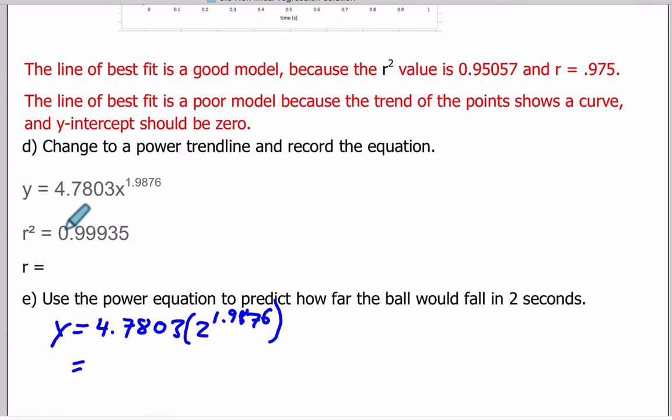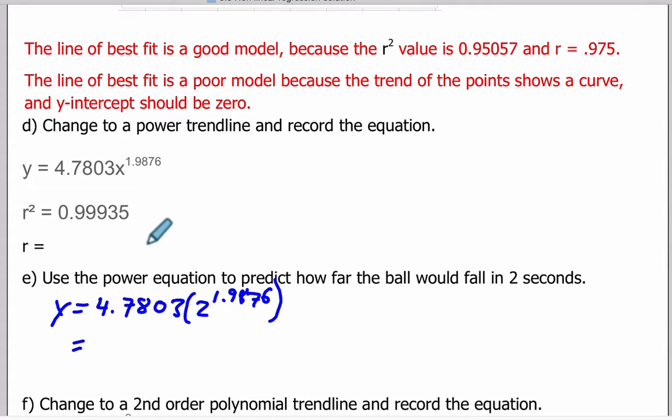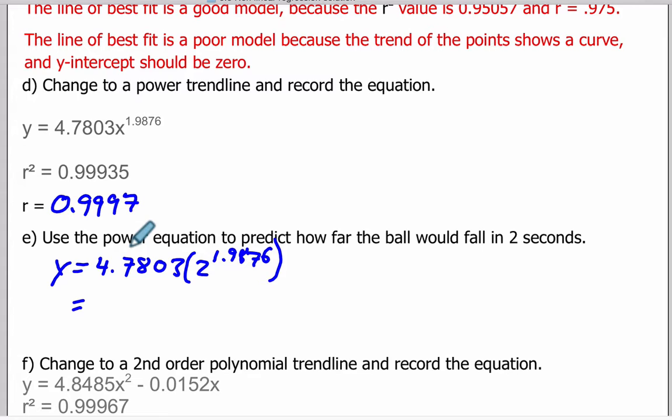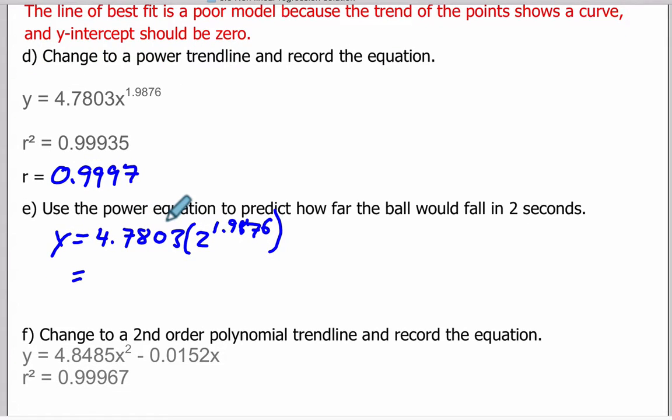And the correlation coefficient here is going to be the square root of the coefficient of determination. So in this case, this works out to be approximately 0.9997, which is very close to 1. So it's very close to all the points falling on that particular curve.